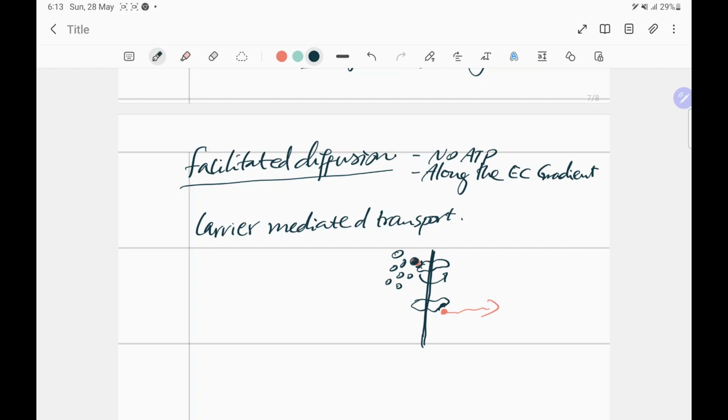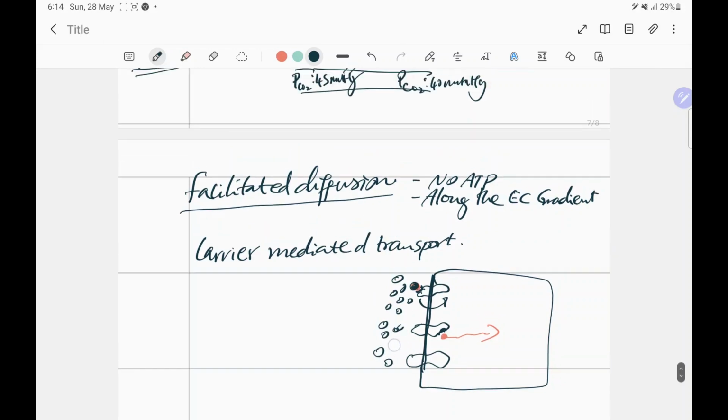Now what is the limitation of carrier mediated transport? It is that there is a limited number of carriers. You can only have so many carrier proteins in one cell. So if you saturate all of the carriers, like when you're trying to move one substance from one side of the membrane to another, they can only work at a certain rate per unit time.